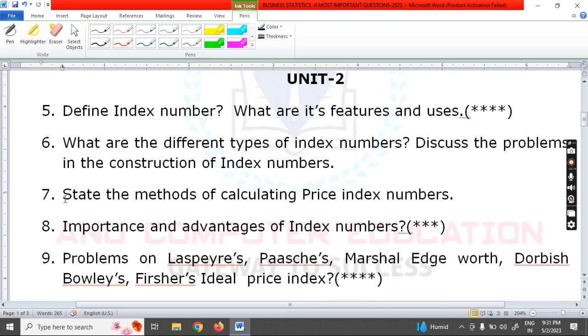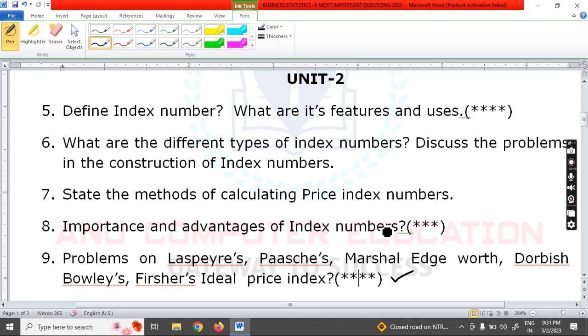Next, when it comes to the problems, you need to learn the formulas. The important instruction is that whenever you get any question related to Laspeyres, Paasche, Marshall-Edgeworth, Drobisch or Fisher index numbers, you compulsorily have to learn all these formulas. In the exam, if nothing else is specified, they will simply ask: from the following data calculate Laspeyres, Paasche.